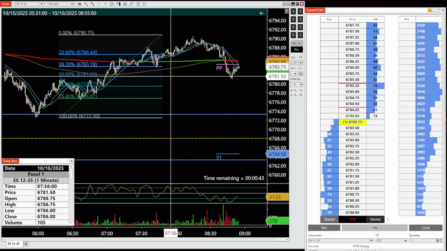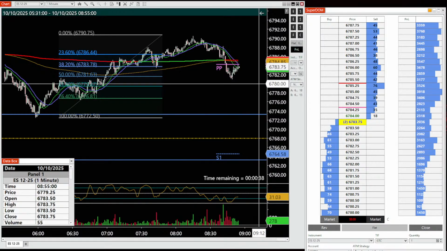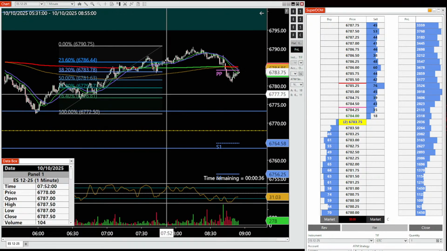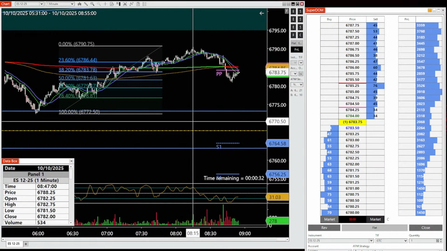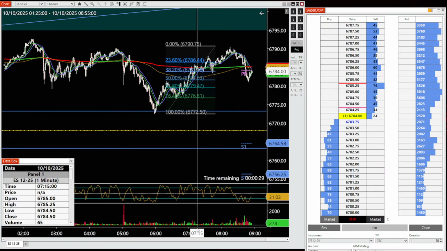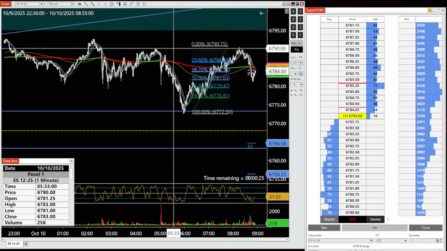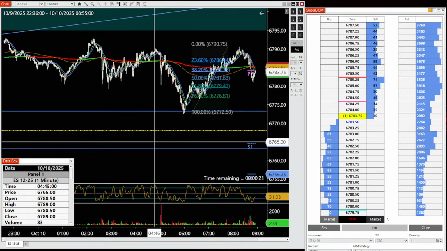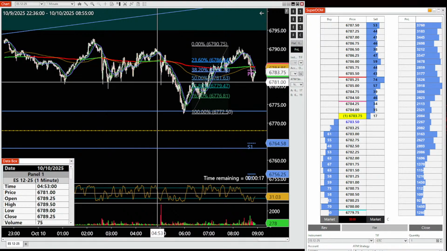We pulled back 50%, bounced off around the 50% level. We tested overnight highs around this 90. Now we're pulling back into this area here.